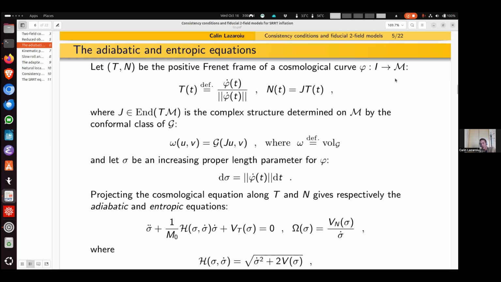Those which induce the orientation of M are called positive complex structures. And the positive complex structures, and that's a very classical result, are in one-to-one correspondence with conformal equivalence classes of Riemannian metrics defined on M.